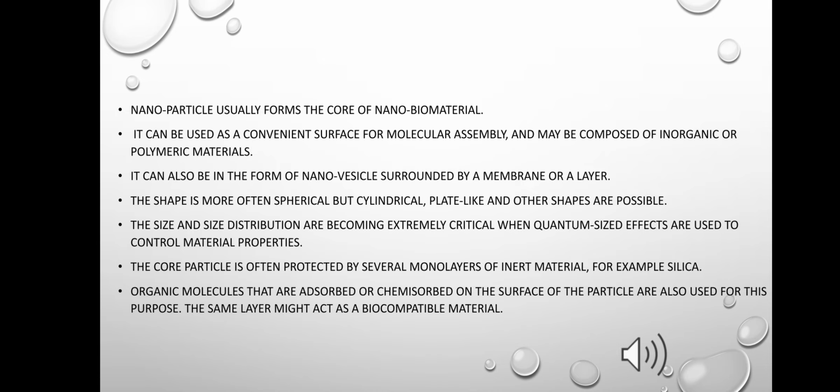The size and size distribution are becoming extremely critical when quantum size effects are used to control material properties. The core particle is often protected by several monolayers of inert material, for example silica. Organic molecules that are adsorbed or chemisorbed on the surface of the particle are also used for this purpose. The same layer might act as a biocompatible material.